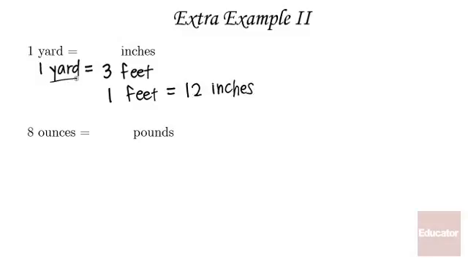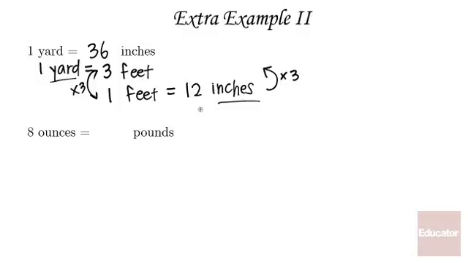So if I want to go from yards to inches, since 1 yard is 3 feet and 1 foot is 12 inches, to get from here to here you multiply by 3. So 12 times 3 is 36. So 1 yard is equal to 36 inches.